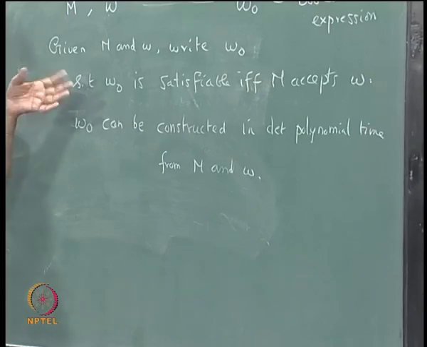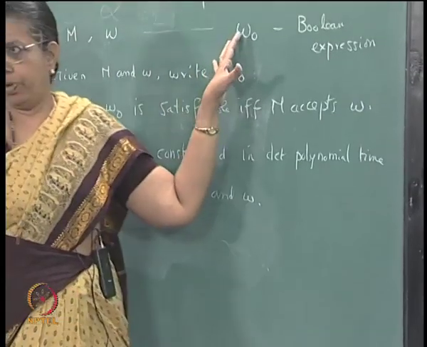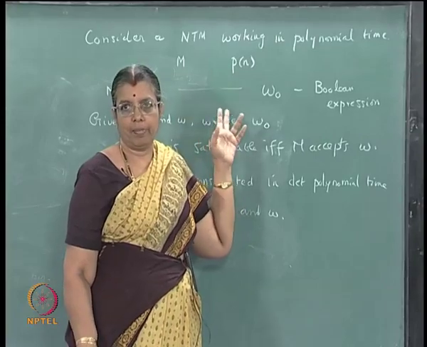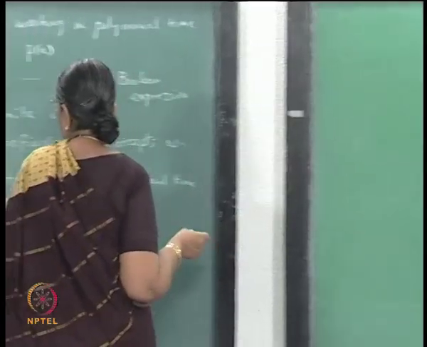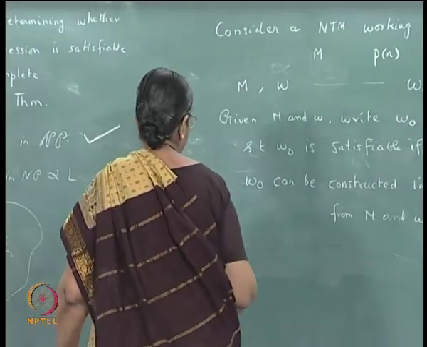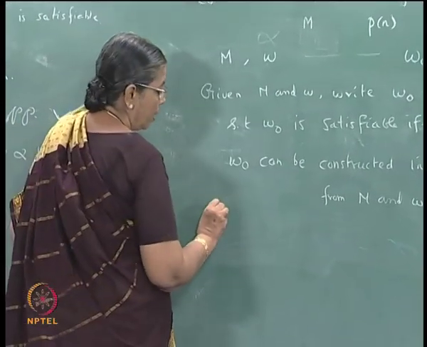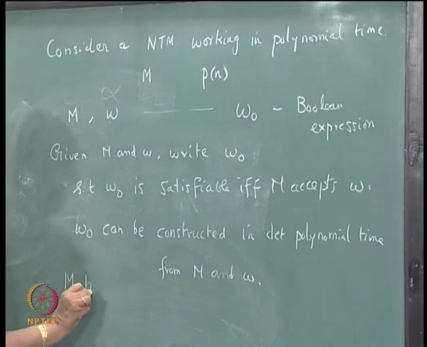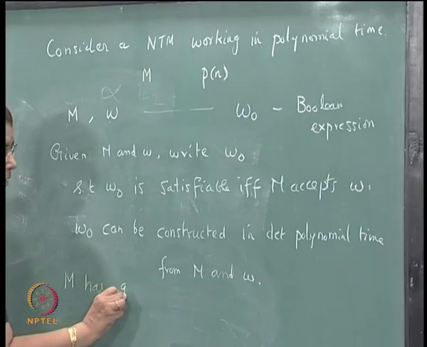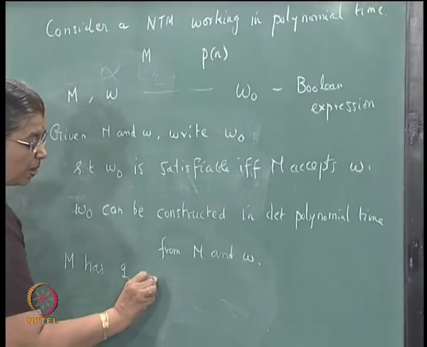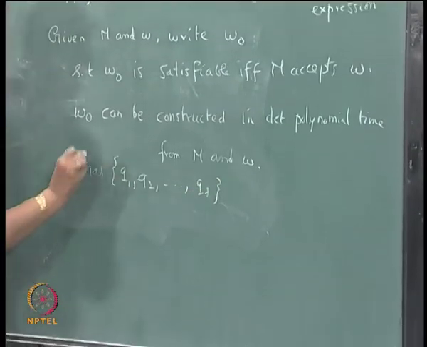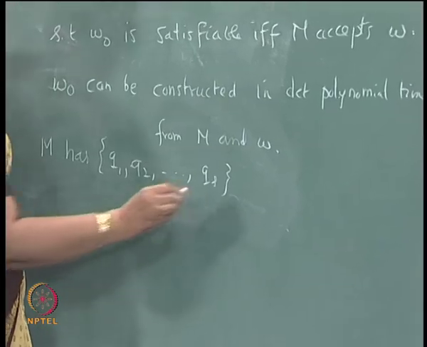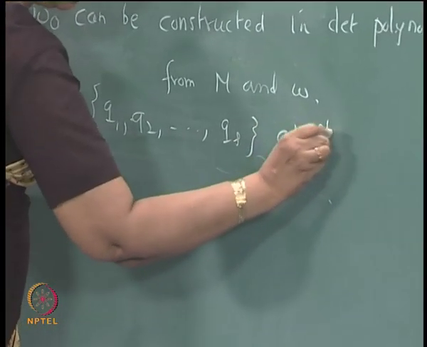Now, how do we go about constructing W naught from M and W? There are some assumptions we have to make. M has states Q1, Q2, up to Qs.